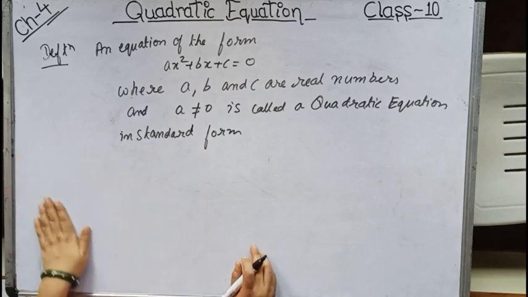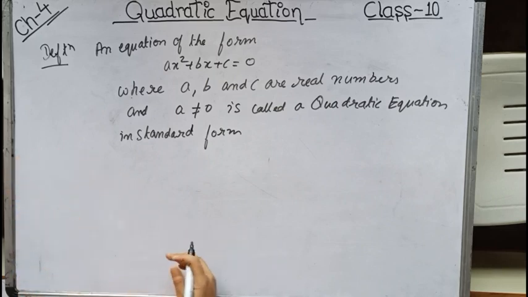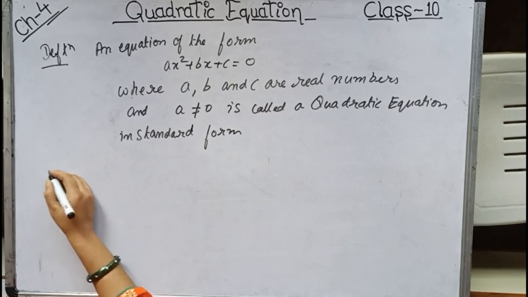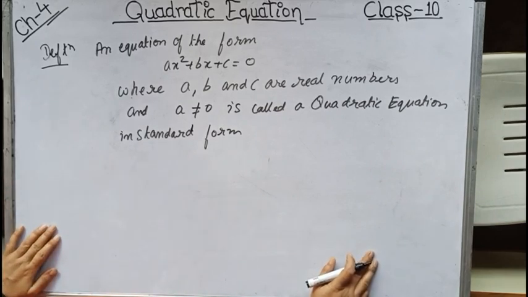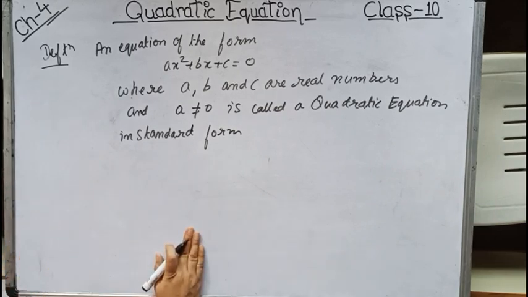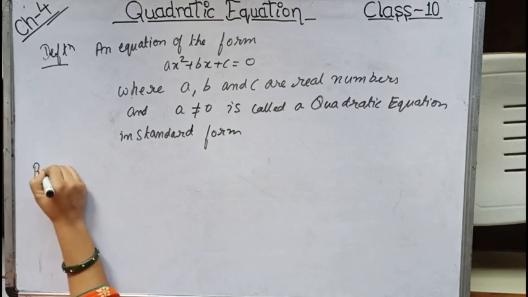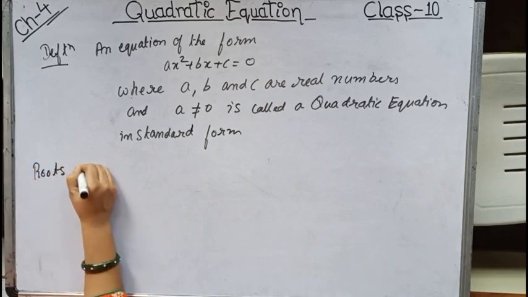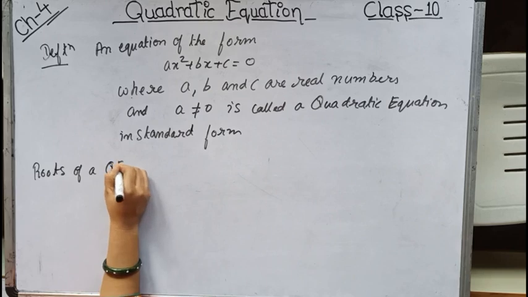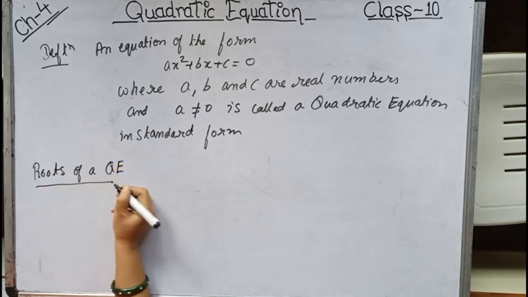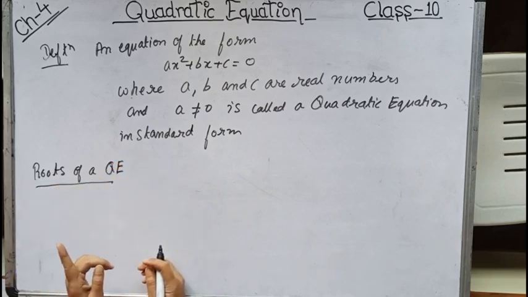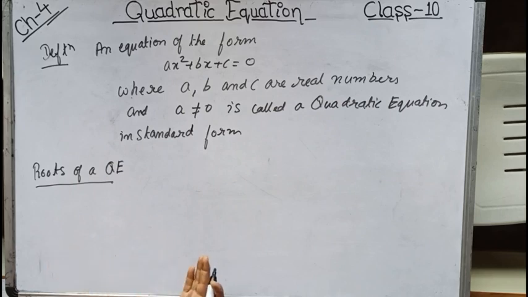Now let us start the other definitions. So first, the solution or the roots of a quadratic equation. Now I will be writing QE for quadratic equation. Now whole chapter polynomials we studied about the zeros.